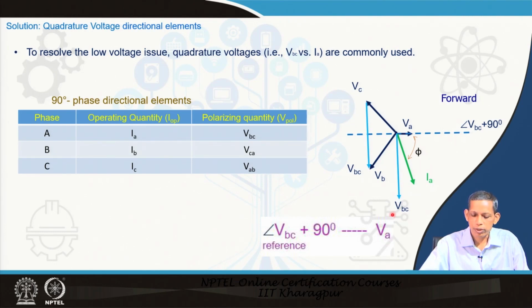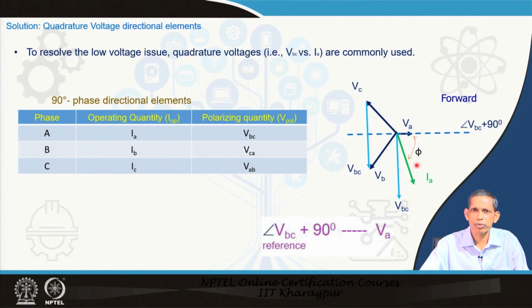Once again, one of the ways many relays do this is that once you compute VBC, add 90 degrees to its angle, then you bring the reference back to the same reference as VA, and thereby you can apply this leading and lagging concept of the current, which will decide the direction of the fault.